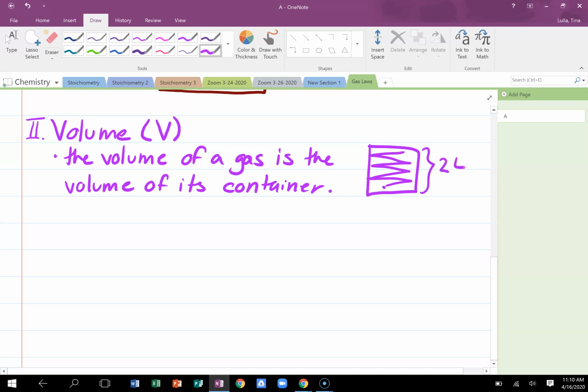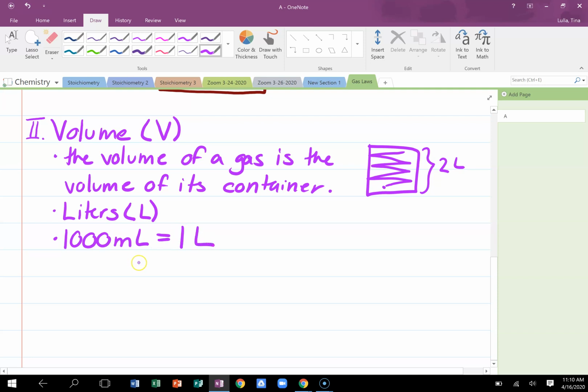Let's pretend it was 2 liters. We normally measure volume in liters, which of course is a capital L. Really the only major conversion that we have to remember is that it is 1,000 milliliters for 1 liter.